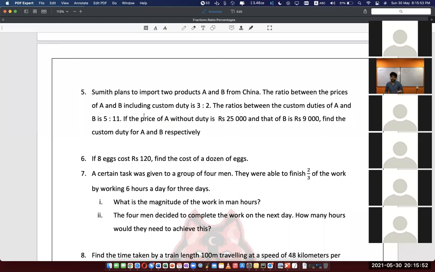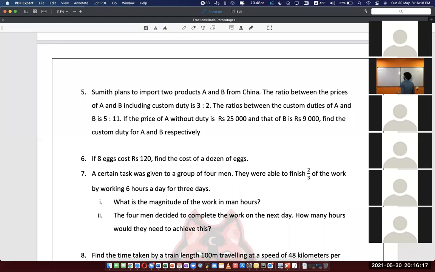Whenever you bring something from abroad, they are going to charge you a tax. That's why you have duty free, where they don't have this custom duty. So whenever we import something from another country, they will put a tax on it, which is called custom duty. So the ratio including custom duty is going to be 3:2.